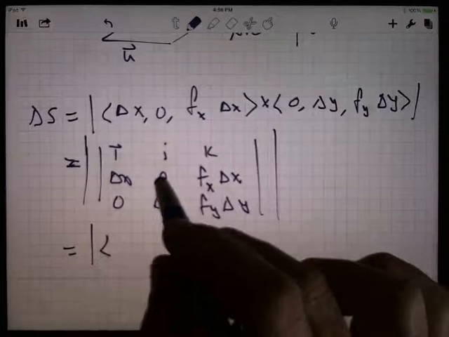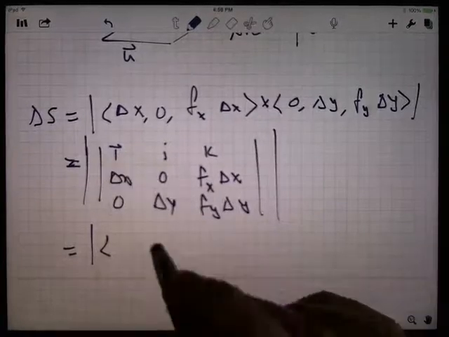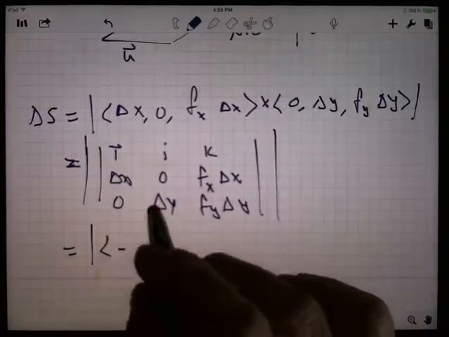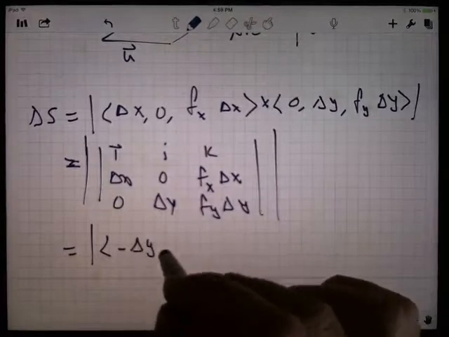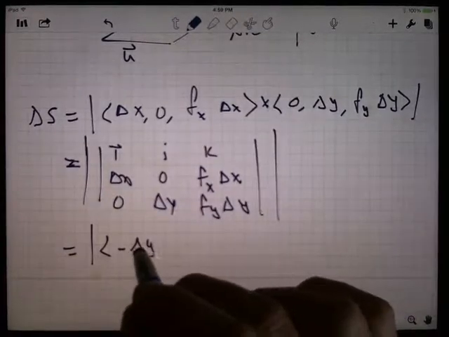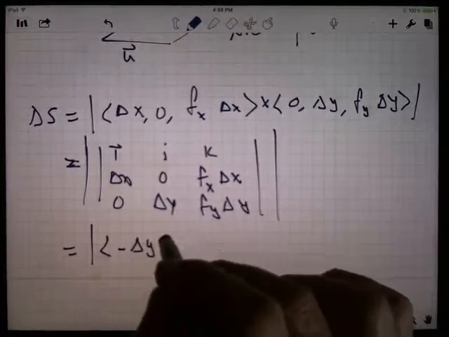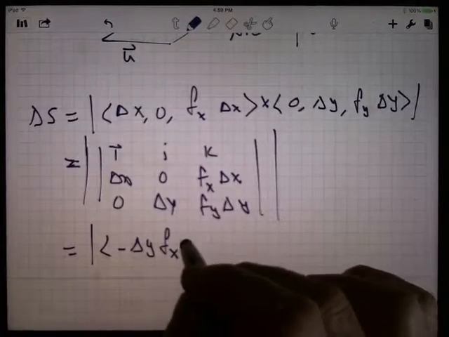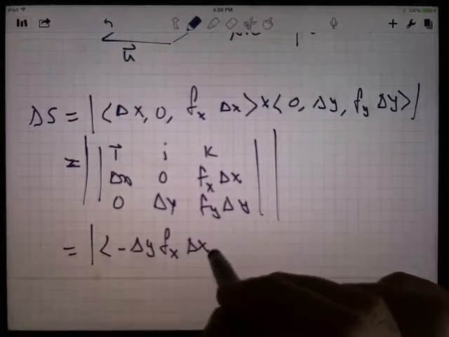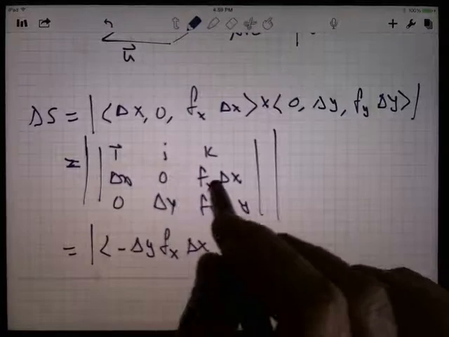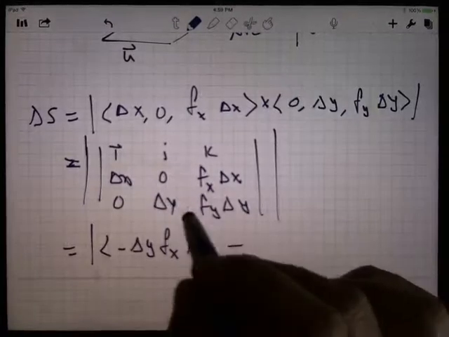The first component is i times that, so I've got negative the gradient of y. It's not the gradient of y, sorry. The delta y times partial with respect to x times delta x. Okay, and then minus.